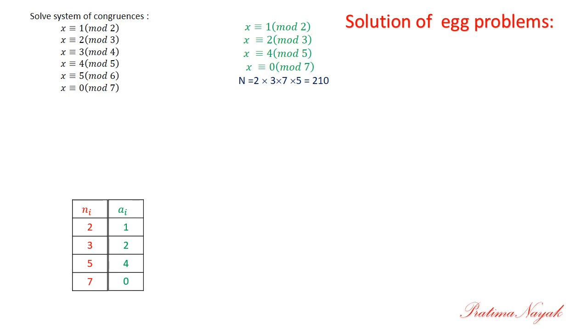So capital N1 will be 210 divided by 2, that will be 105. N2 will be 210 divided by 3, it will be 70. N3 will be 210 divided by 5, 42. And N4 will be 210 divided by 7, that will be 30.